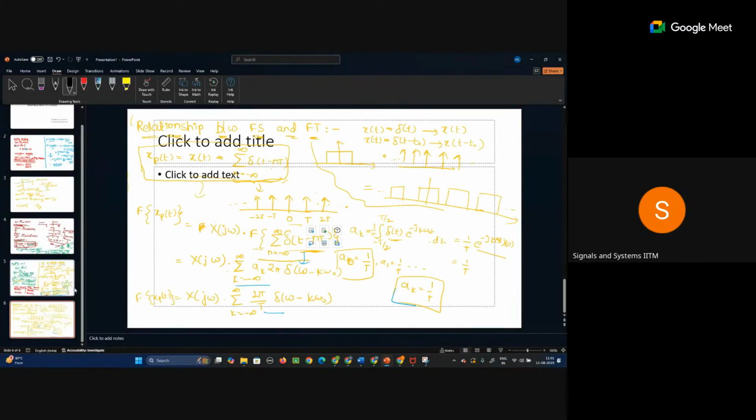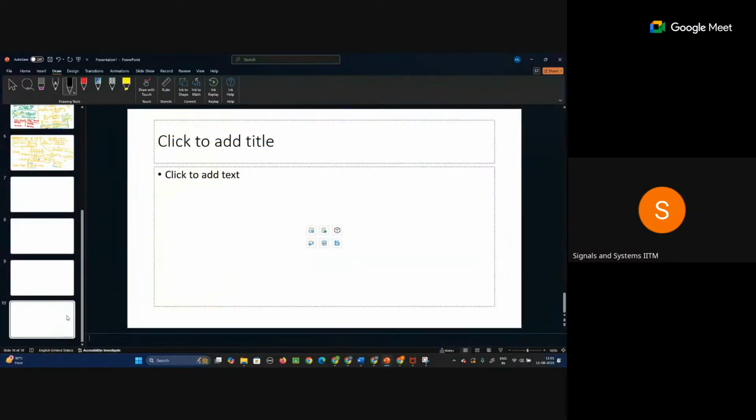Second: solving an ordinary differential equation using the Fourier transform. So we'll be taking the RC circuit.